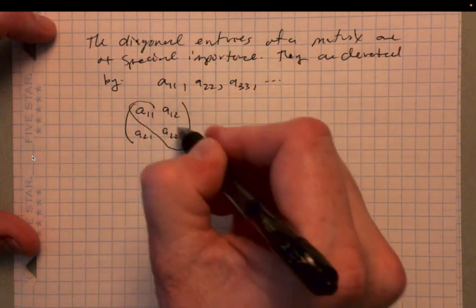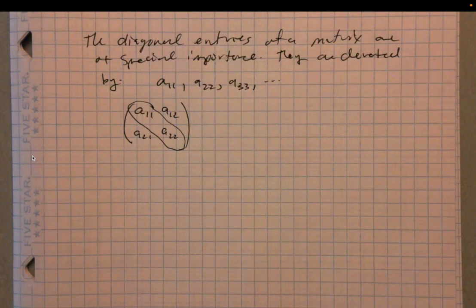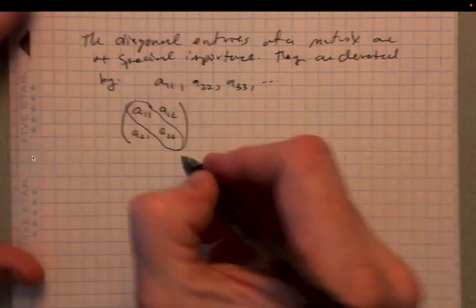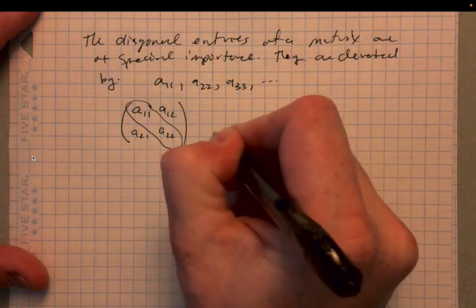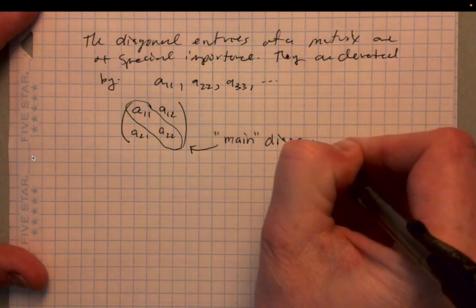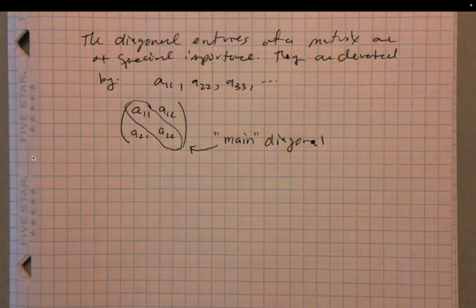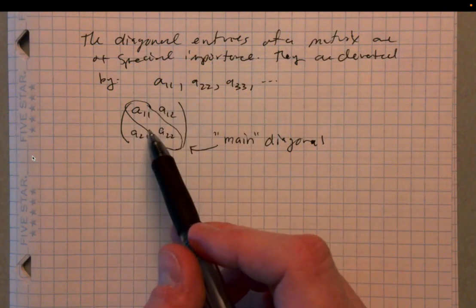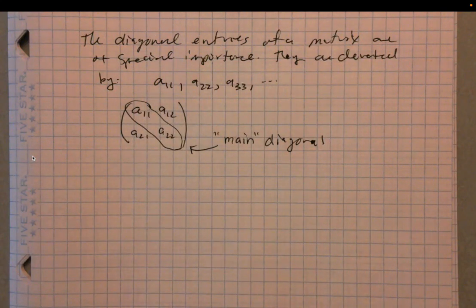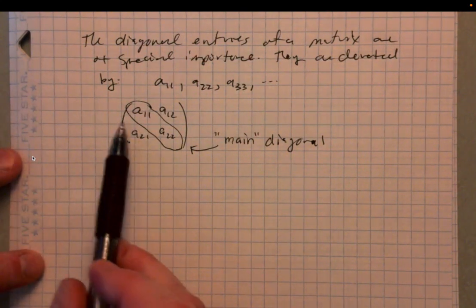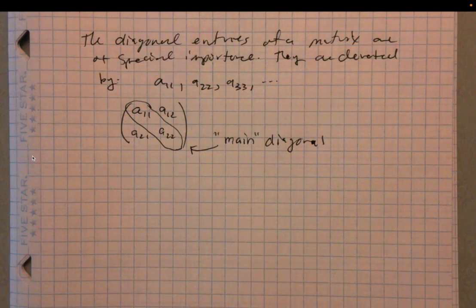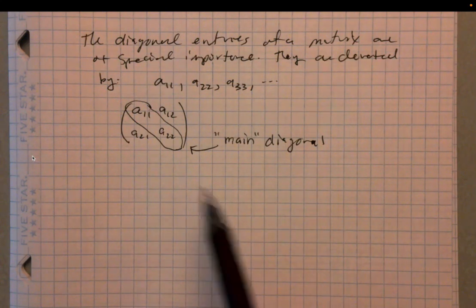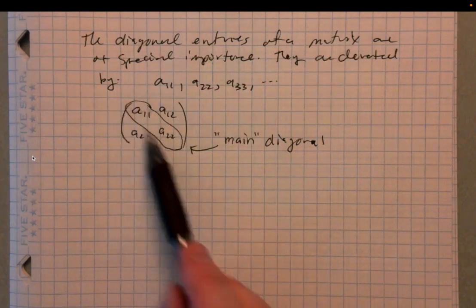The diagonal entries are on the diagonal, and we refer to this as the main diagonal. There are other diagonals in a matrix. In this one, there's this other direction diagonal, but this is what we mean when we say the main diagonal. In a matrix with more than 2 rows and 2 columns, there would be off main diagonals as well, down here or up here. But when we talk about the diagonal of a matrix, we don't typically refer to those. We typically refer to the main diagonal.